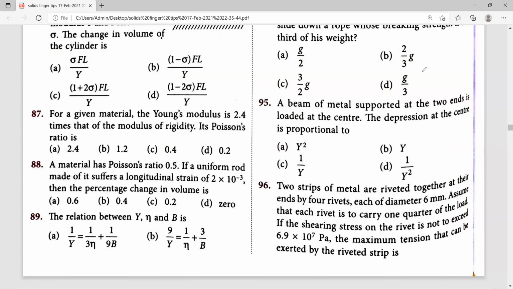87th one. For a given material, Young's modulus is 2.4 times that of modulus of rigidity. Its Poisson's ratio is. ಯಾವ್ದು ಬರ್ಬೋದು 87th ಗೆ, Poisson's ratio is which one ಅಂತ ಕೇಳಿದ್ದಾರೆ. So here for 87th one, we know Young's modulus is given by 2 neta in the bracket of 1 plus of sigma.